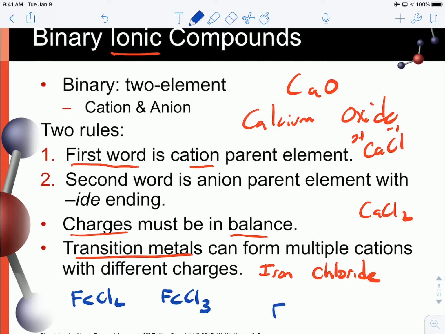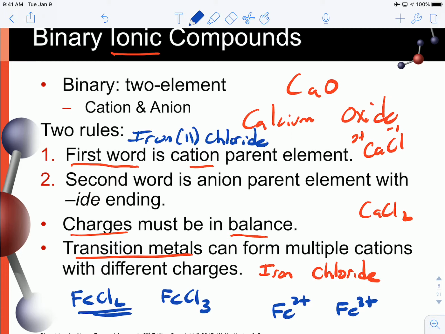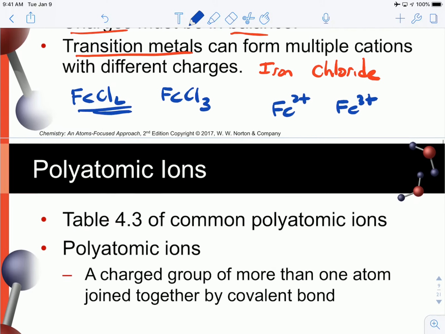And that's because iron can either be +2 or +3. And chloride's -1. So there are two types of iron chlorides. So the way we name that is we actually say iron, and then you would have a Roman numeral 2 chloride. And that would tell you it's this one. Okay, so that just takes practice and learning a couple of the basic charges that are there.